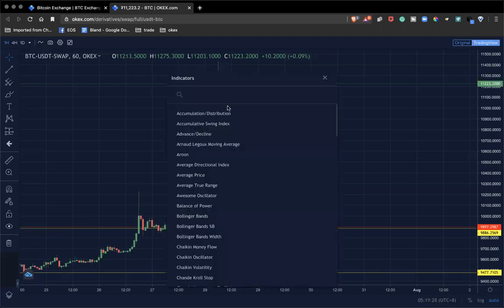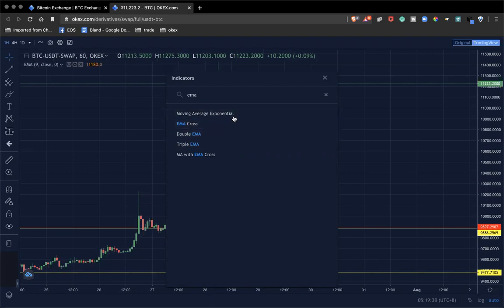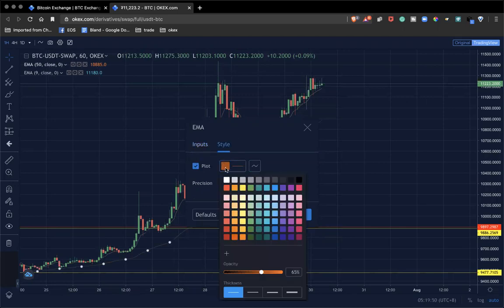Let me do it again. So there are different EMAs that you can use. EMA, moving average exponential. Yeah, this is what I'm looking for. Yeah, so the 50 moving average. I like to use the white color.